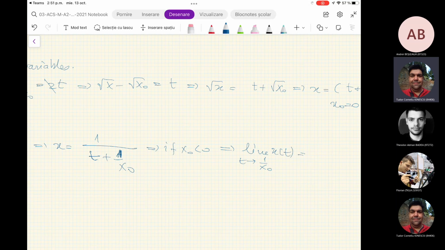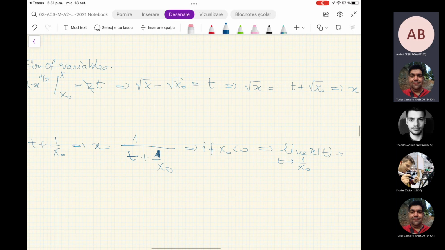So how much is this limit? My friend, when t goes to 1 over x0, and x0 is negative, or minus 1 over x0, sorry. Minus 1 over x0.